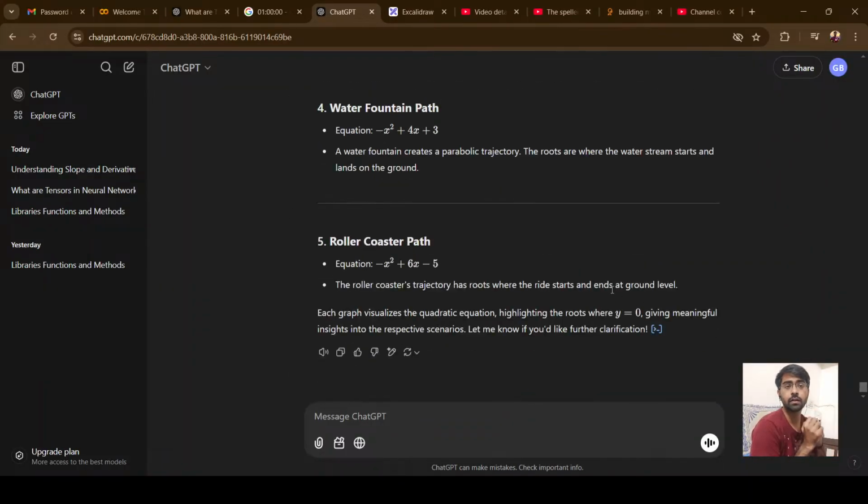And by drilling this much down, we have reached a point where it demands the understanding of quadratic equations and all of that, polynomials basically.